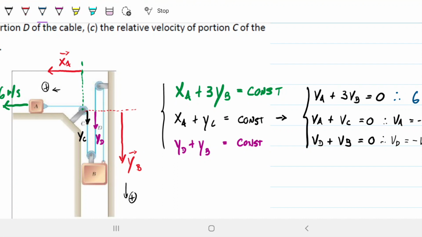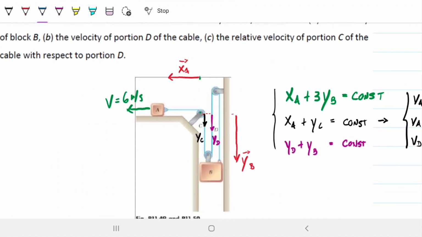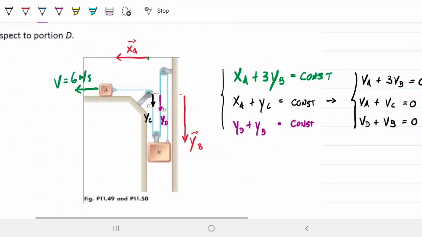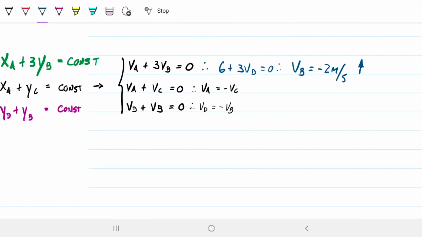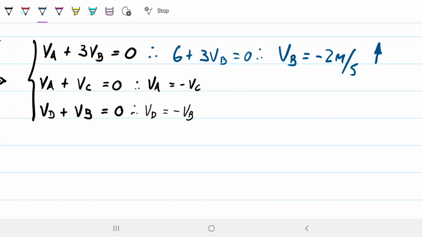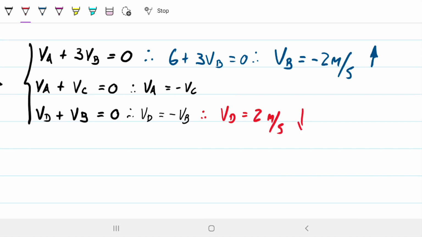We might get rid of some of these things in the drawing to make it less polluted. Okay, that's a bit better. What else? The next part of the question asks, what is the velocity of portion D of the cable? So D is just negative B, so that's going to be 2 meters per second, moving downwards.